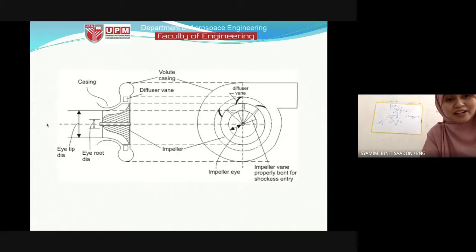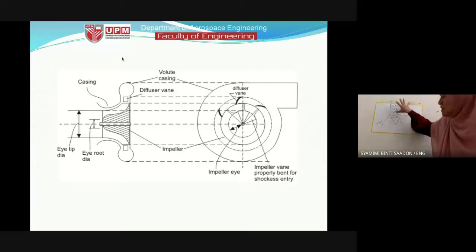The fluid will enter this way, horizontally like that, and from the side view it will come out this way. That's why radially is this plane.